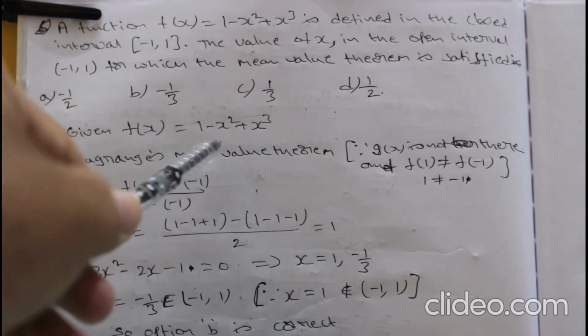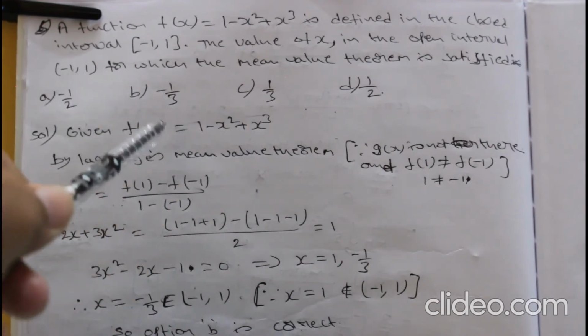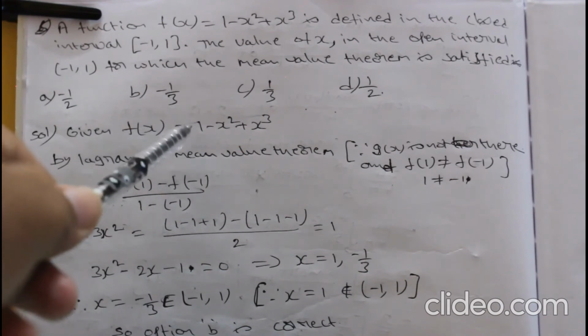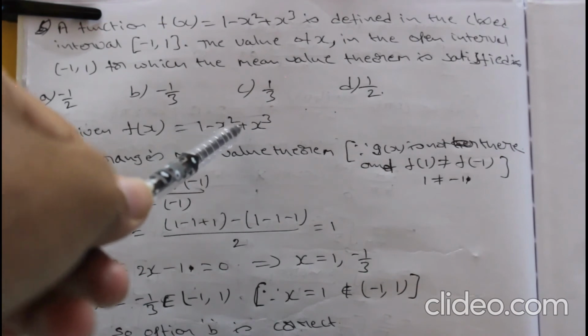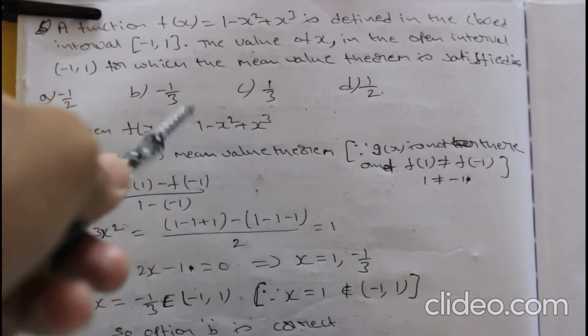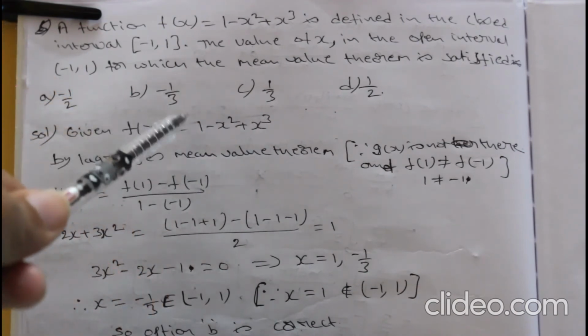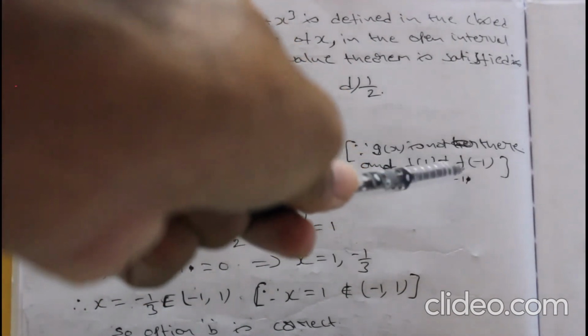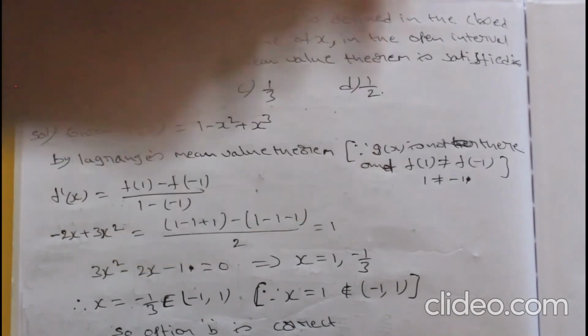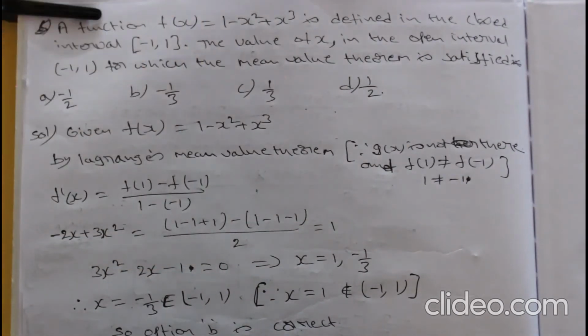So f of minus 1 is equal to minus 1. And f of 1 is equal to 1 minus 1 square, so 1 minus 1 gets cancelled, and 1 cube is 1. So f of 1 is equal to 1. But f of minus 1 is equal to minus 1, f of 1 is equal to 1. So f of 1 is not equal to f of minus 1. So f of a is not equal to f of b.